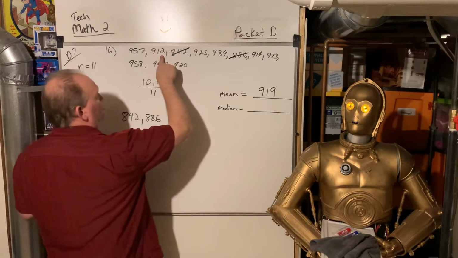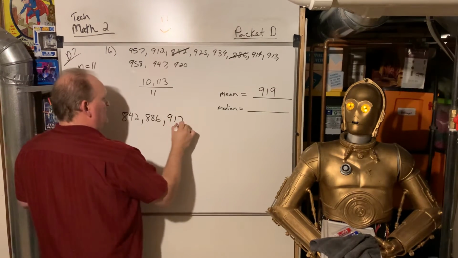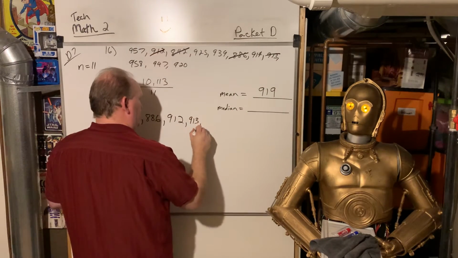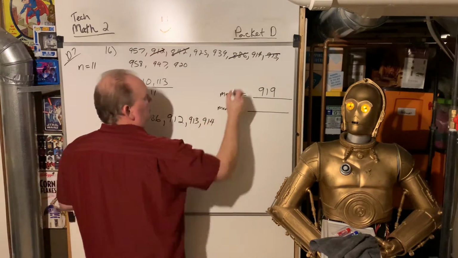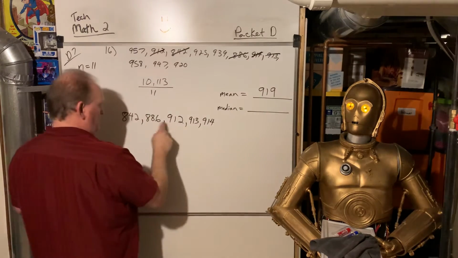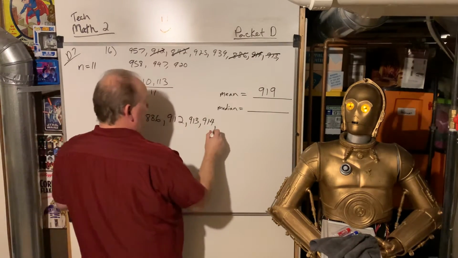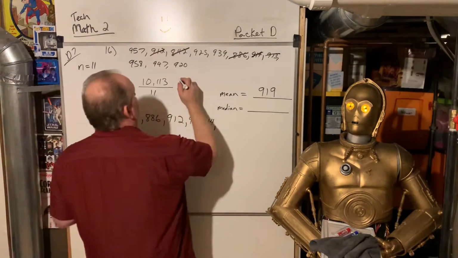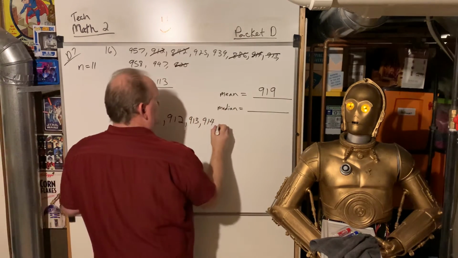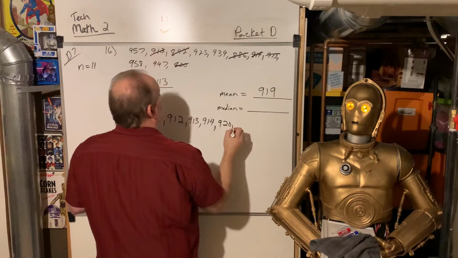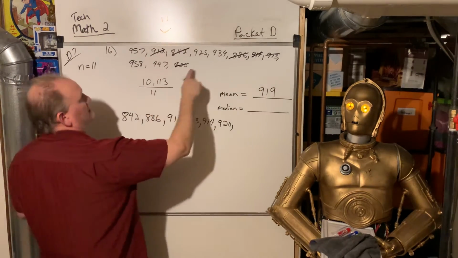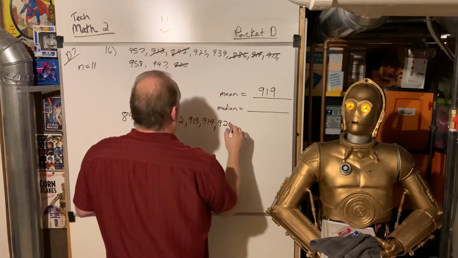912 looks like the smallest next. Then 913, 914. 1, 2, 3, 4, 5. Then 920. Then 925.